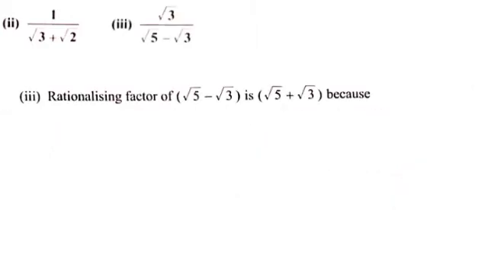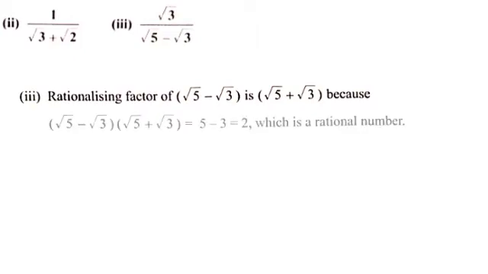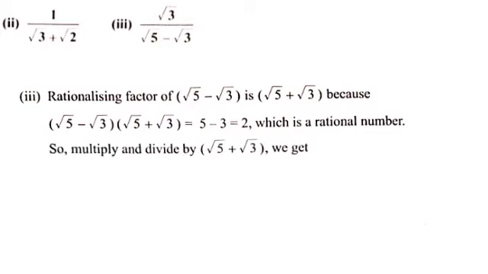Next, square root 3 by square root 5 minus square root 3. The rationalizing factor of square root 5 minus square root 3 is square root 5 plus square root 3, because square root 5 minus square root 3 into square root 5 plus square root 3 gets 5 minus 3, which is a rational number. So multiply and divide by square root 5 plus square root 3.